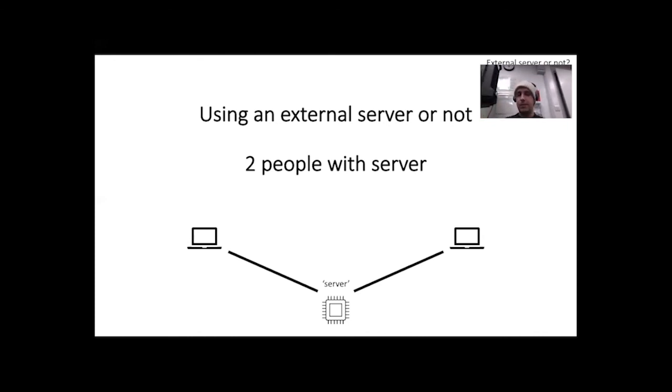So for example, Netflix have servers, and their videos are on the servers and are streamed out to people who request them. So person A and person B here could connect to this server, which would handle the connection between them. That would work. That's the default option in Jamulus, for example, is to both connect to an external server.